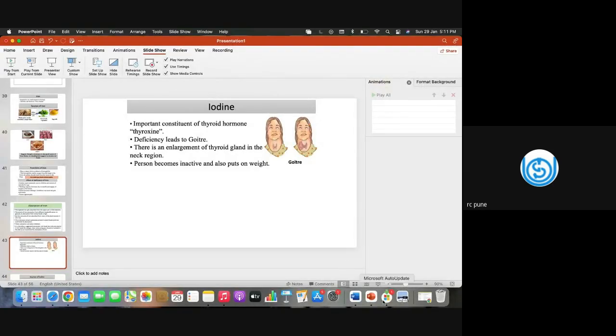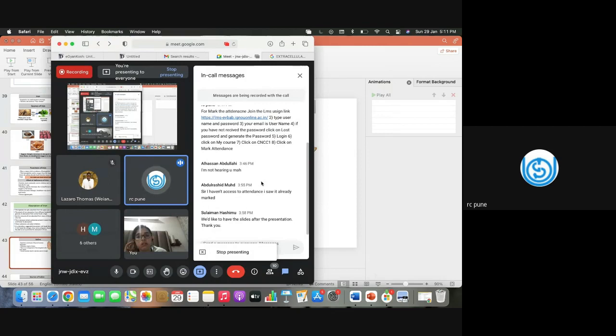It took about one and a half years and was so meticulously done. We are very thankful to Shiv Sarvata sir and Dr. Ravi ma'am from Nagpur. Thank you so much. Madam, you are audible. No problem.